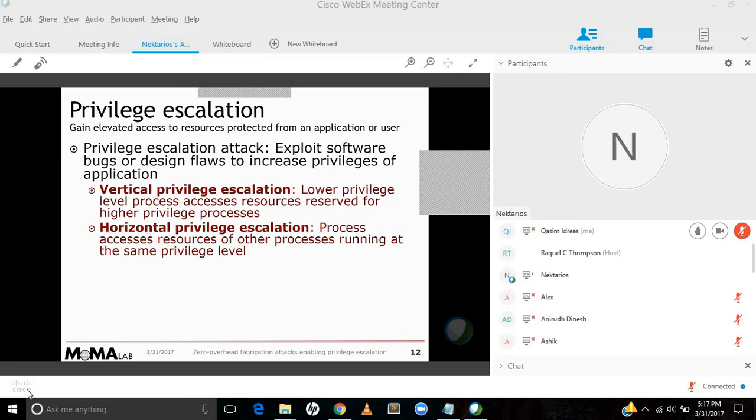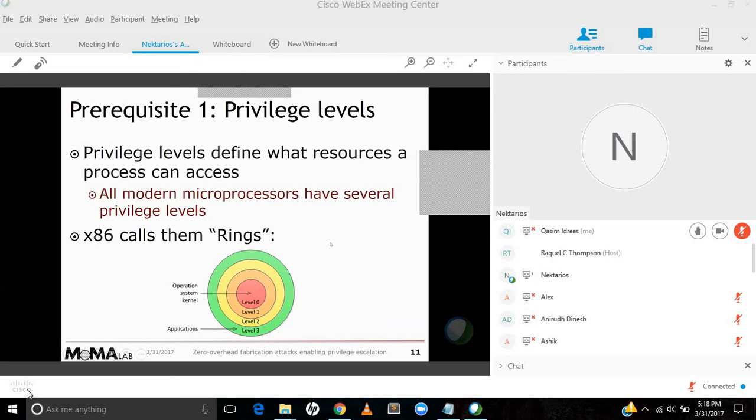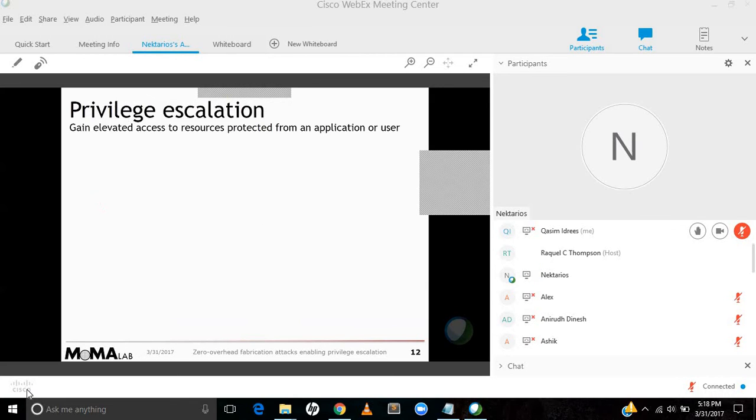Essentially, you are at ring 3 or level 3 in the previous slide, then you jump to level 3 of another user. Going back to those rings, horizontal means I am at level 3 and I'm Nectarios, and then I jump to level 3 of another user and attack another process, or I can jump from level 3 and attack the kernel, which is level 0.